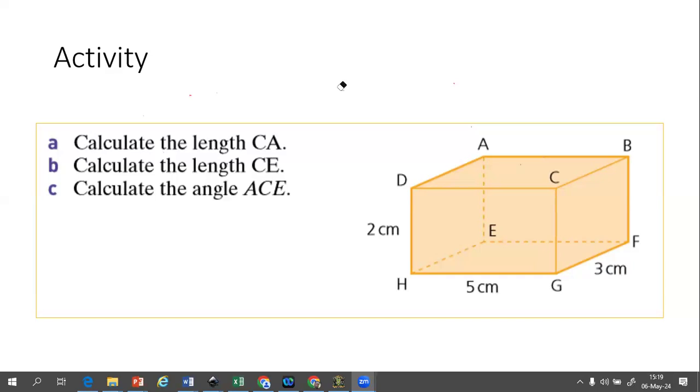I want to confirm that the answer people are getting is correct. The answer is correct. If that's not what you're getting, 5.83, kindly let us know so that we can help.